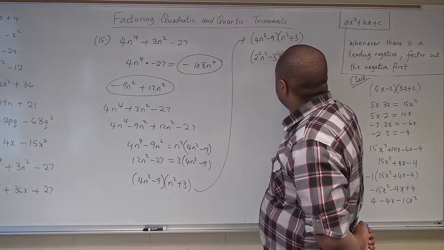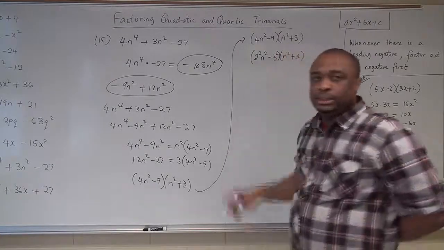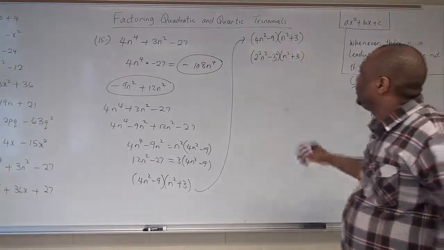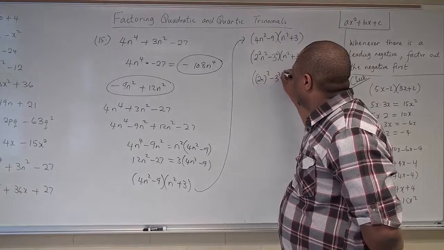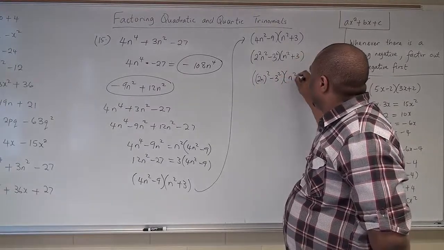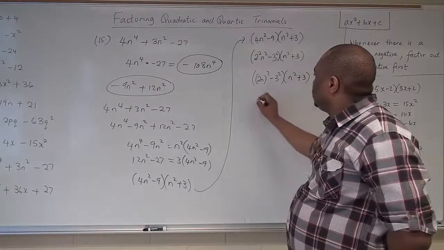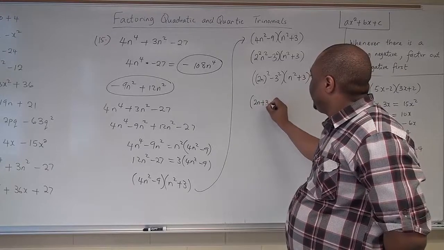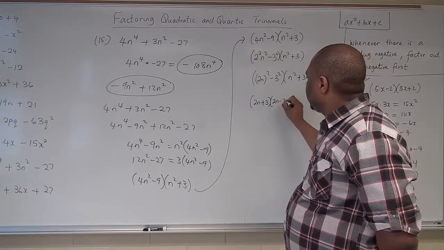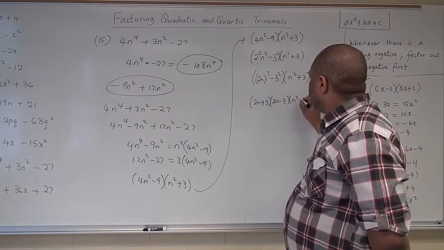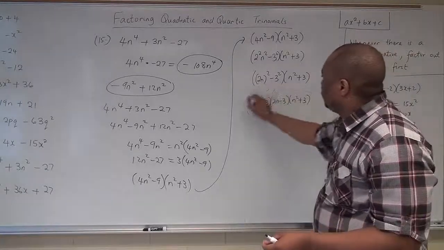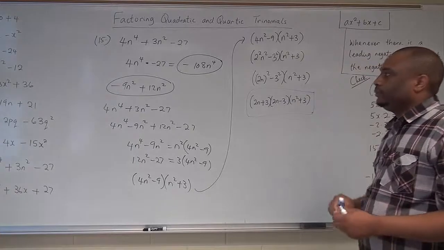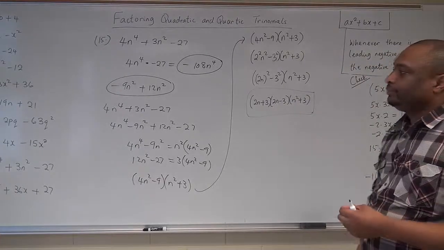Please view my videos on the difference of 2 squares so you understand what I just did. Now this will be 2n all squared minus 3 squared, then n squared plus 3. So this is 2n plus 3, 2n minus 3, n squared plus 3. That becomes your answer.